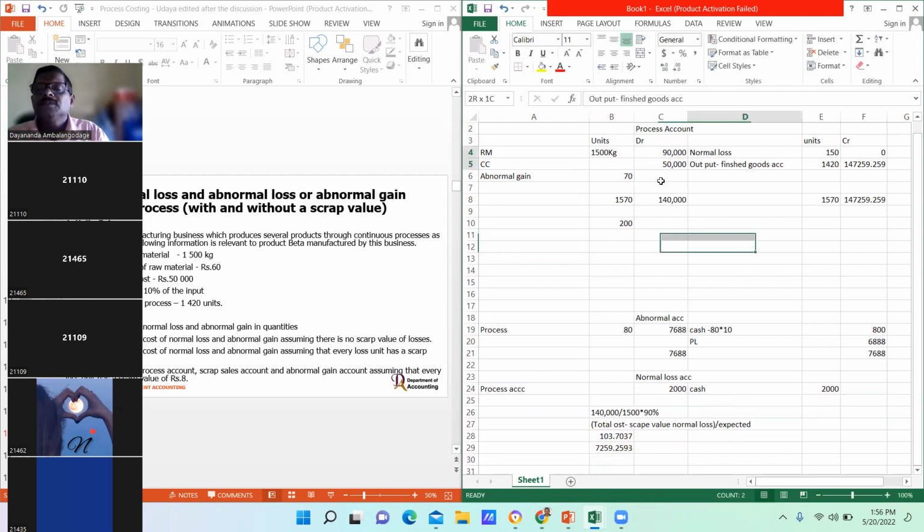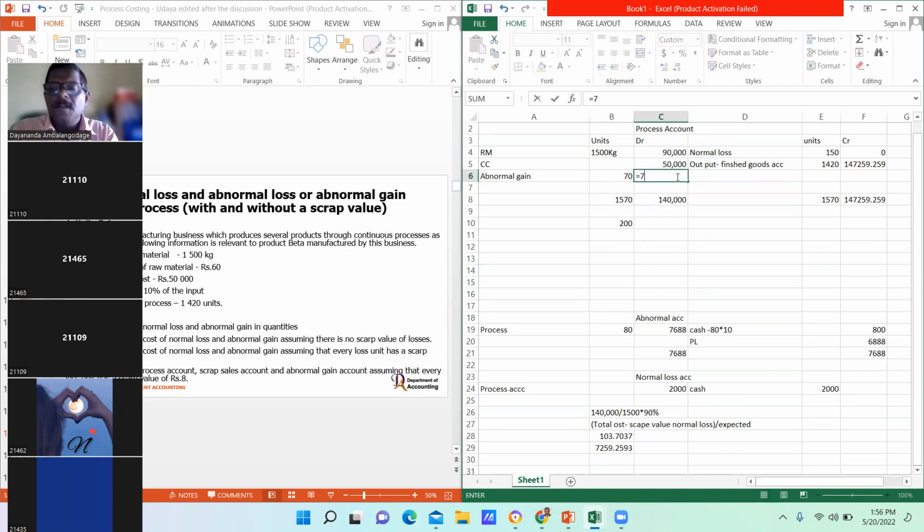That's all. Are you clear? Your answer is 70 units of abnormal gain multiplied by the 103. I'm again putting it. So you see that the process cost accounting, debit column and credit column, is tallying.